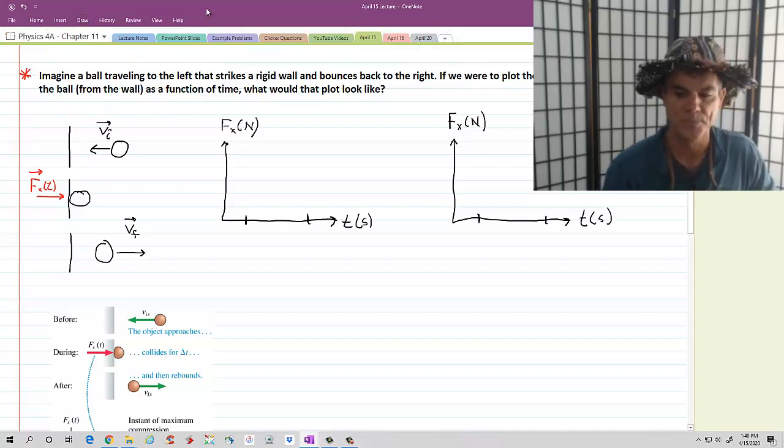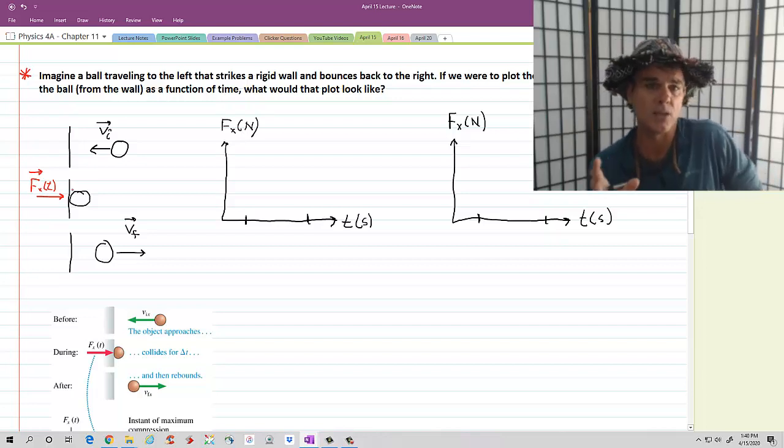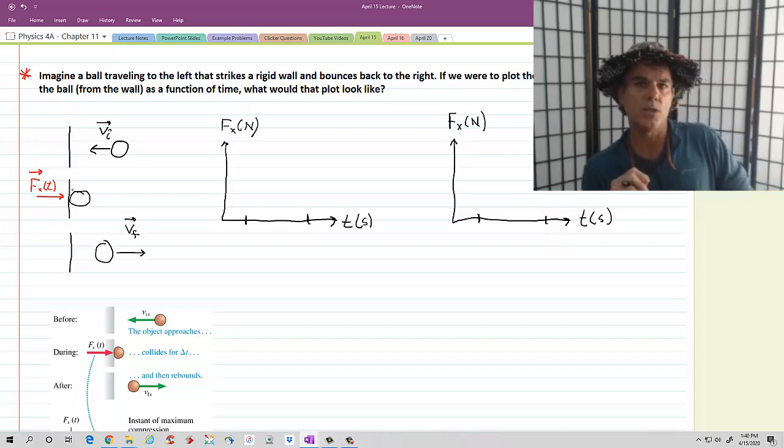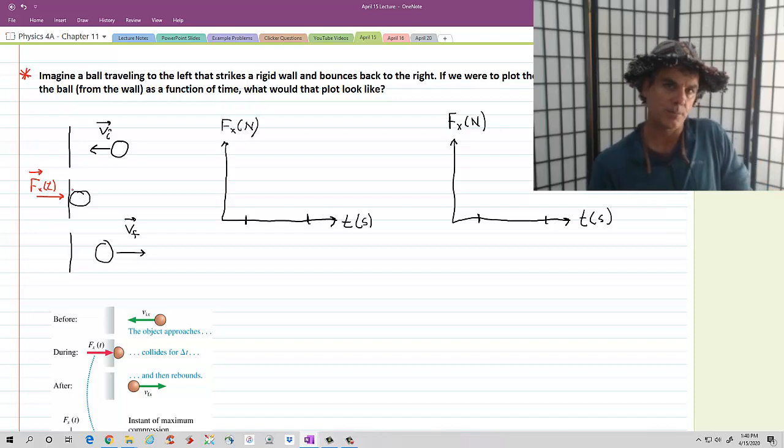So I've got a ball which is moving to the left. It hits a wall. The wall's exerting a force on it for some small amount of time, and then the ball ends up rebounding to the right. So a quick little question for you. If I was to plot the force that the wall exerts on the ball as a function of time, what would that plot look like?